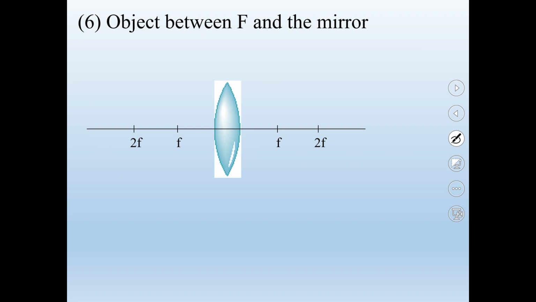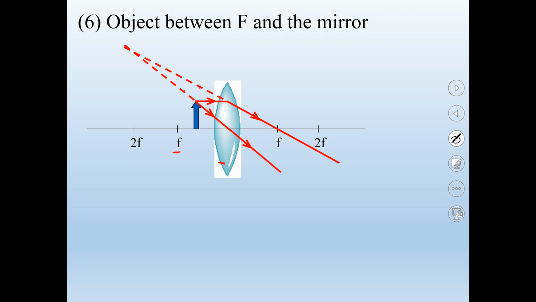Until this part, the first four cases, the images are all real. But this one is if the object is between the focus point and the lens. Look at this. We send the same rays. The first ray is parallel to the principal axis. Secondly, the ray directed to the optical center, and we will draw the connecting point. Firstly, it passes. Secondly, the ray through the optical center passes. Look at this, these two refracted rays are not parallel. If they are not parallel, we draw extended light.